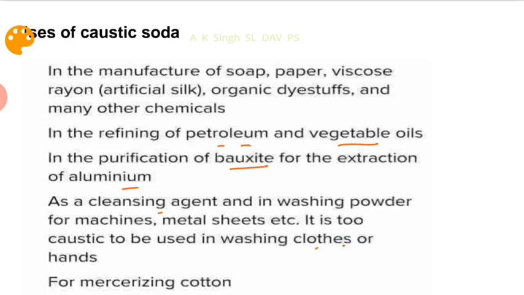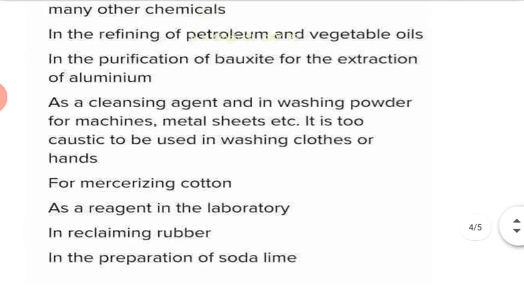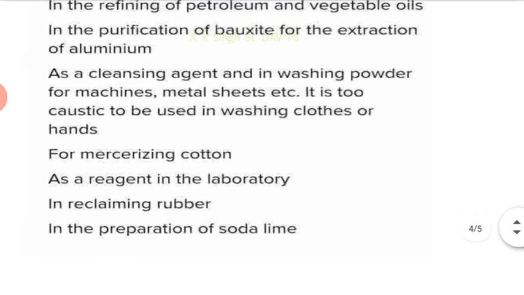It is also used for mercerizing of cotton, and it is also used as a reagent in the laboratory.